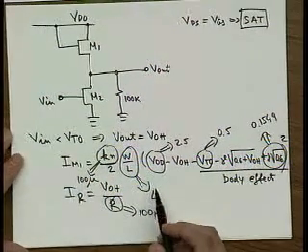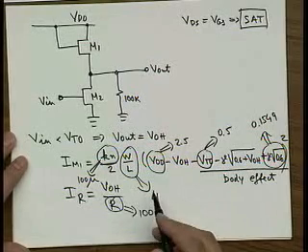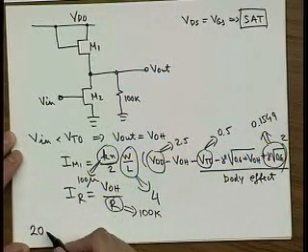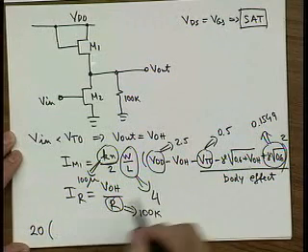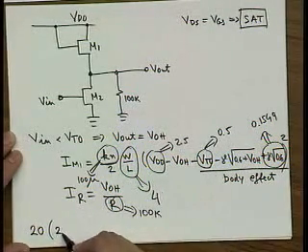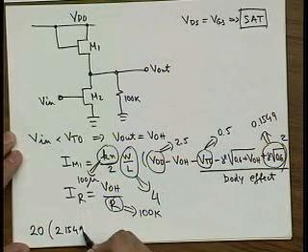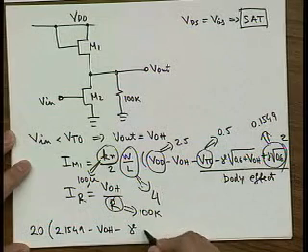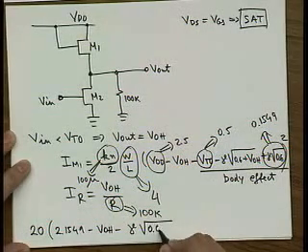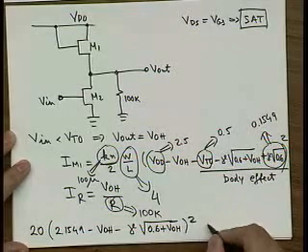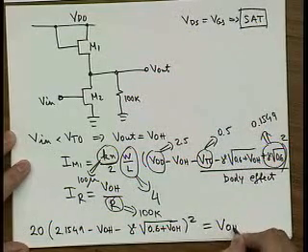So then basically you have 20 times, you sort out these terms, you get 2.1549 minus VOH minus gamma times square root of 0.6 plus VOH, squared, is equal to VOH.